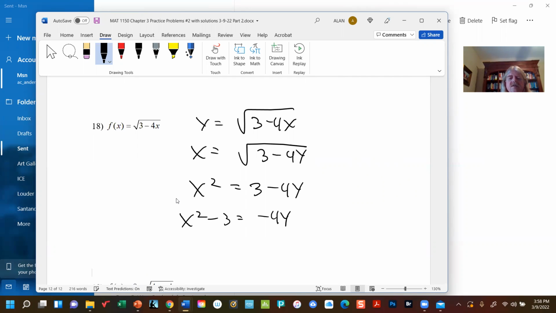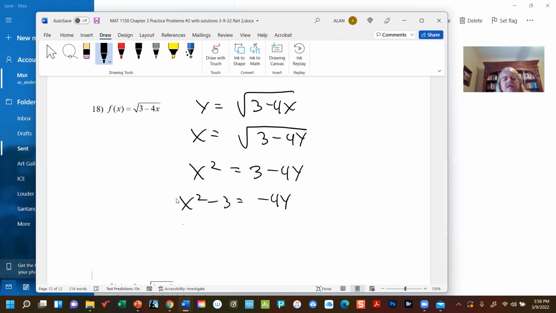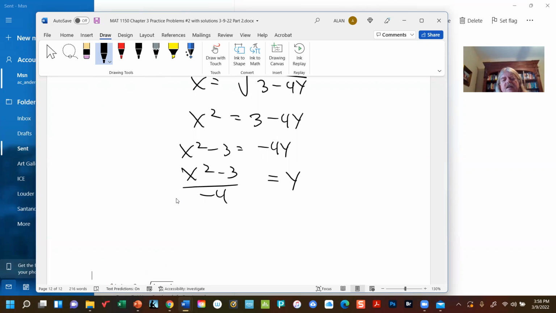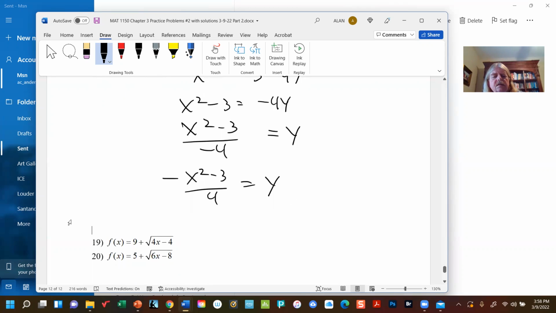All right, so we're almost there. X squared minus 3 over minus 4. And you can just leave it like that. I mean, usually you see the negative moved out here, but it doesn't really matter. Okay.